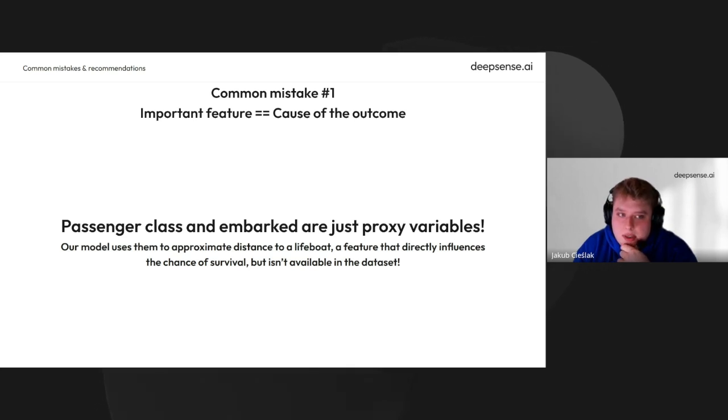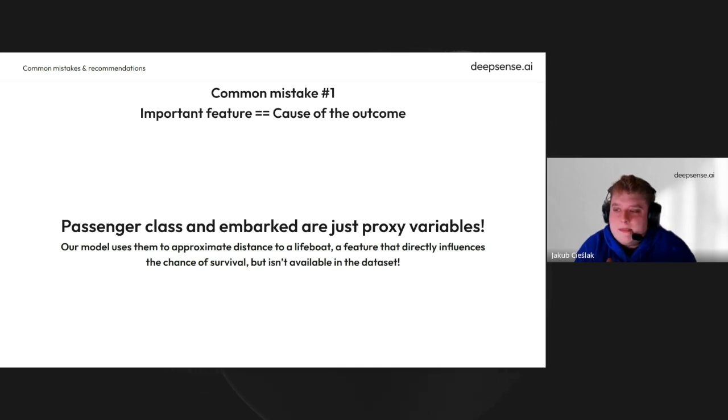They are used because of correlation to the location of someone's cabin on the Titanic. Actually, to be precise, not only the location of someone's cabin, but the distance that had to be traveled to reach a lifeboat. So it really matters during a disaster. And that distance to be traveled to reach a lifeboat is the true difference between life and death on the Titanic. Not money paid or the port someone started their travel from.